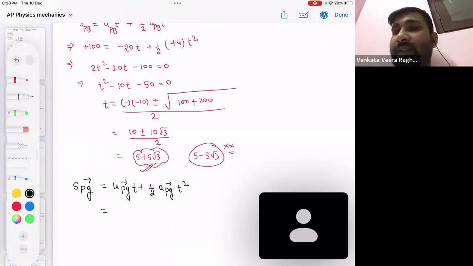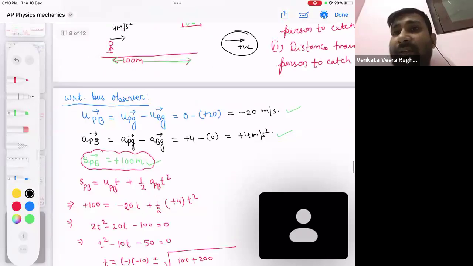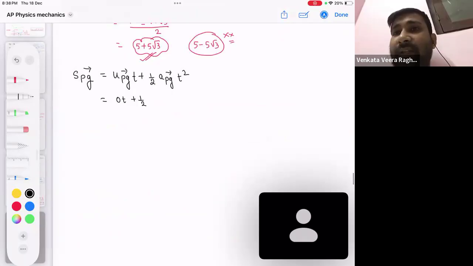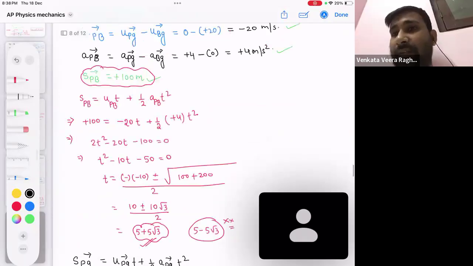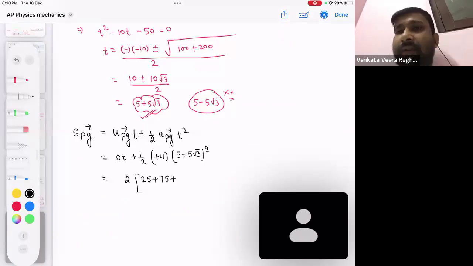With respect to ground, what is the initial velocity? The person doesn't have any initial velocity, so that is 0 into t plus half. With respect to ground, what is the acceleration? Plus 4, isn't it? And the time taken by the person to catch the bus is 5 plus 5 root 3, squared. So 2 into, we can simplify it: 25 plus 75 plus 2 into 5 into 5 root 3, that is 50 root 3.